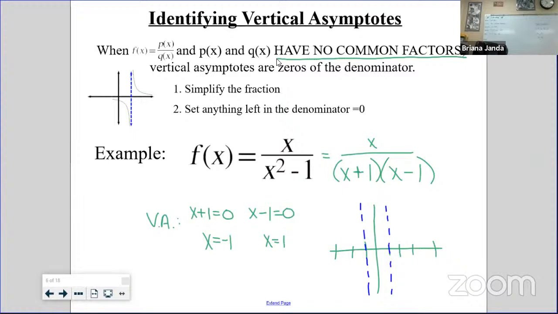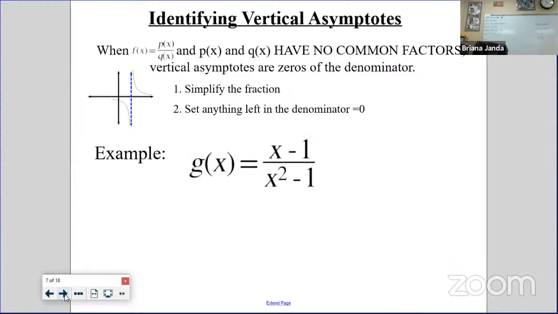Okay, so a couple variations on that. Let's look at this next one. Same question. I want you to find the vertical asymptotes. So again, we have step number 1, which is to factor and simplify if it can, before we start looking for vertical asymptotes.